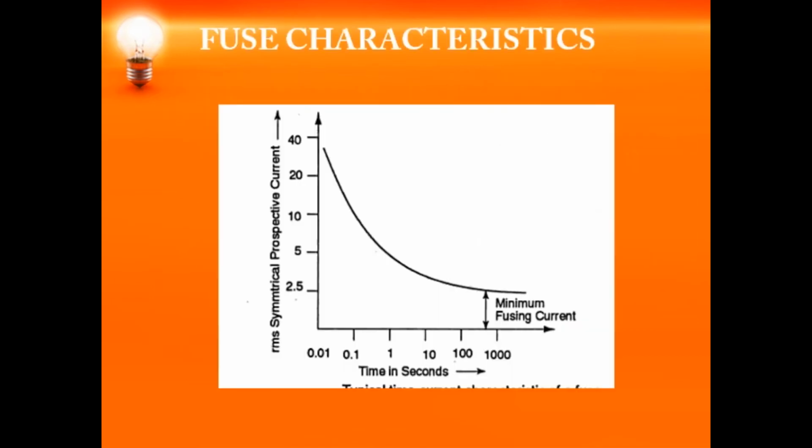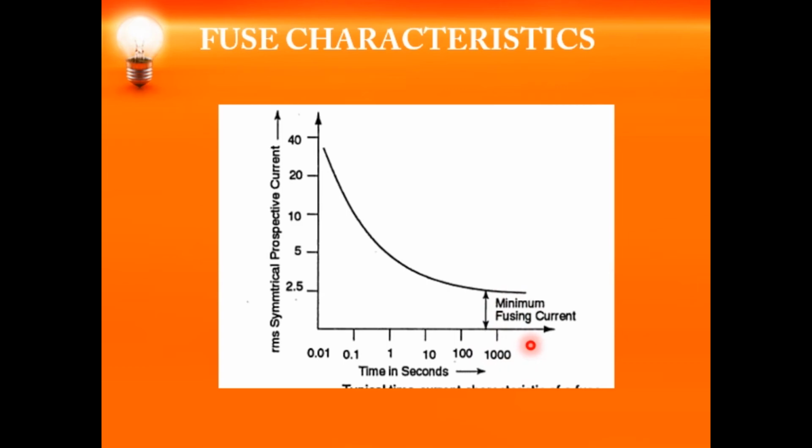Next is the time current characteristics of a fuse. You can observe it has an inverse time current characteristic, that is, as the current increases the fusing time will decrease. The characteristic is asymptotic and there is a minimum fusing current, a minimum current below which the fuse will not operate.